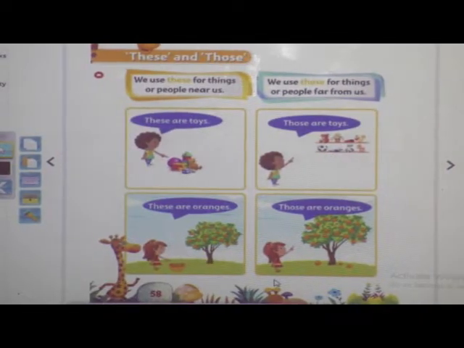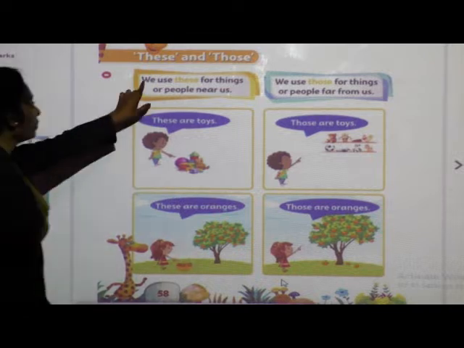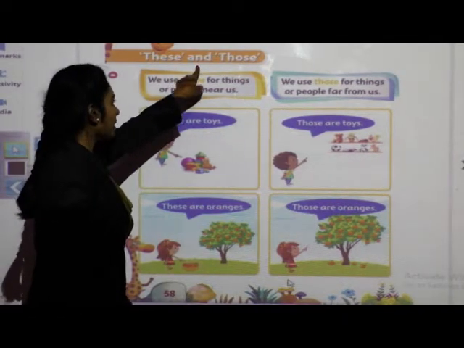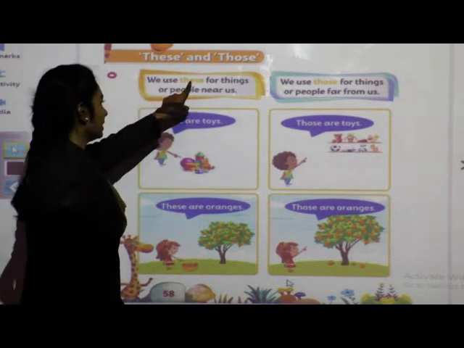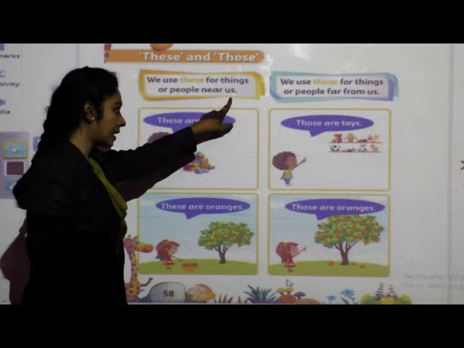Yes, is. Now children, take your book and come to page number 58. These and those. We use these for things or people near to us.